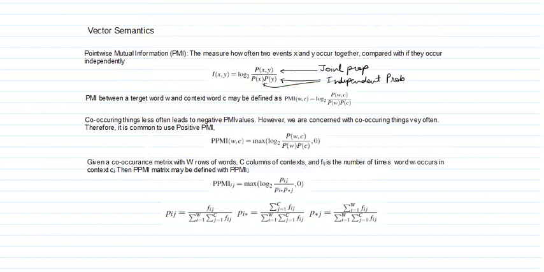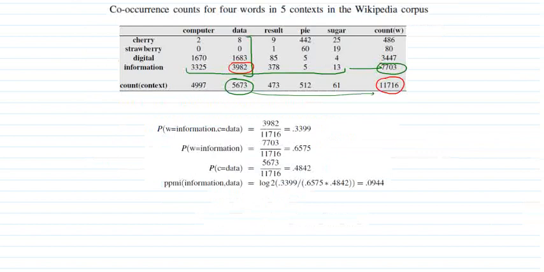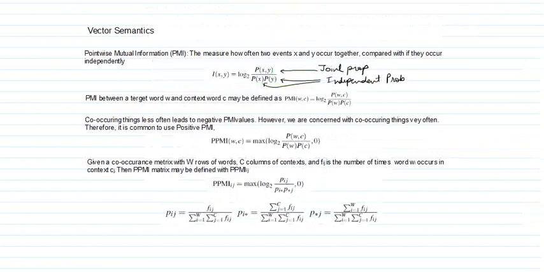And Pi star is the probability of the word and P star j is the probability of the context, right?